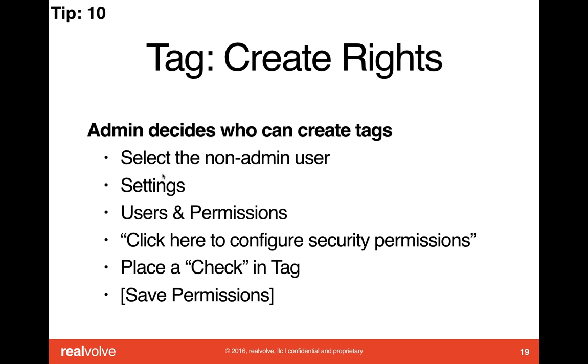They can go into the settings, users and permissions. Inside there, select the person, and there'll be an area that says click here to configure security permissions. That'll open up a little area, in which case you can check the option for tag. That allows them to create tags on their own. Once you've selected that, you can click on Save Permissions.